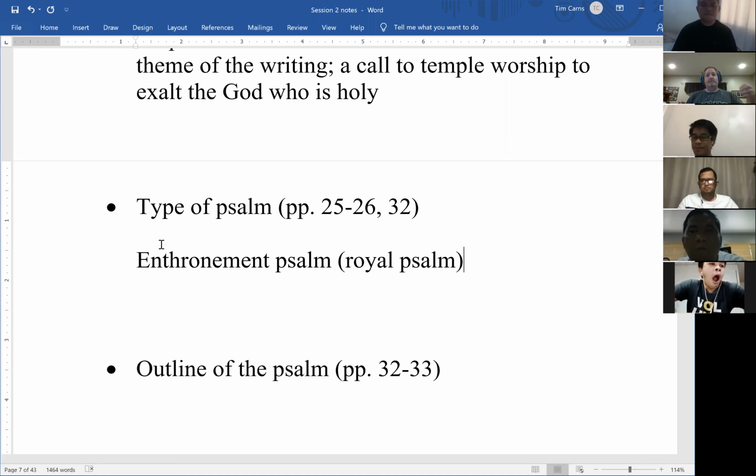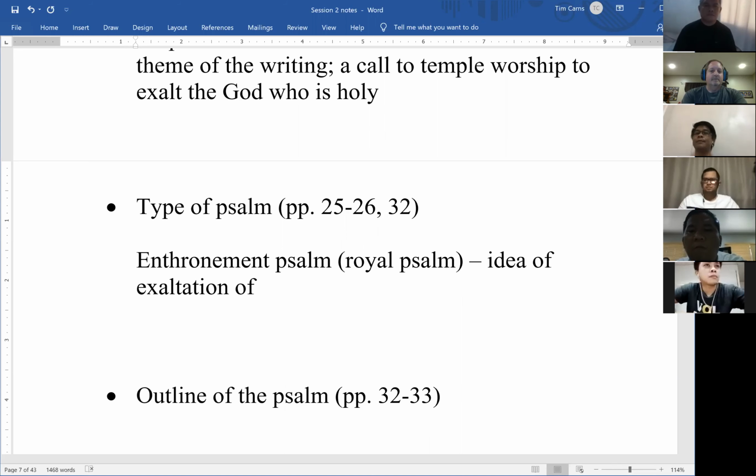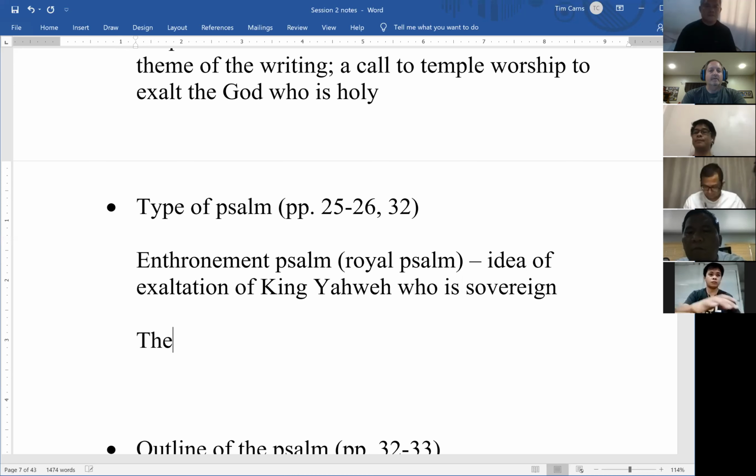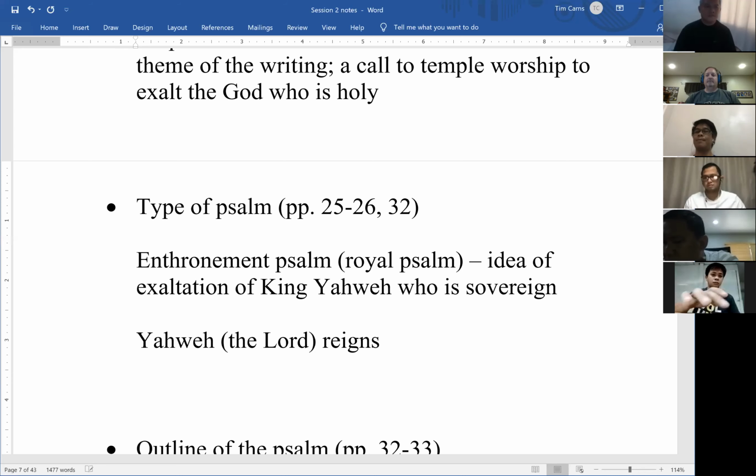A royal psalm could be a human king or God as king, but the enthronement psalm more has the idea of exaltation of King Yahweh, who is sovereign. So, for example, these enthronement psalms often have the phrase in them, Yahweh or the Lord reigns. You'll see something like that.